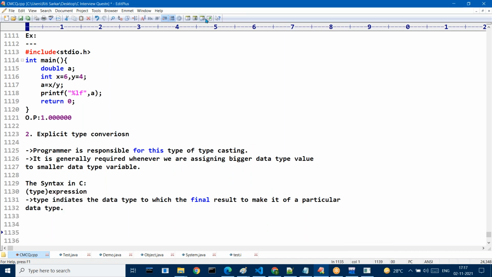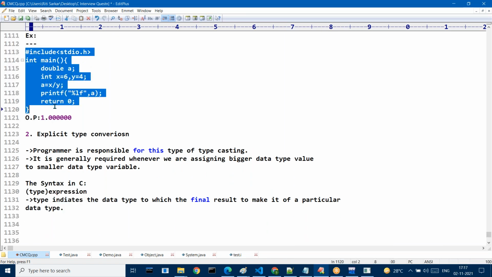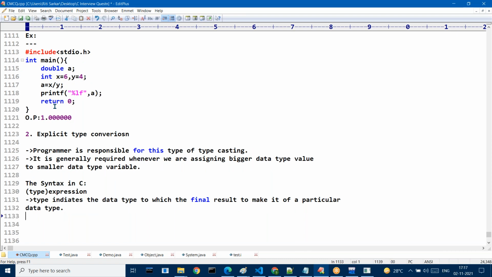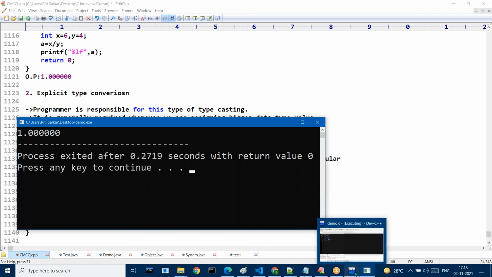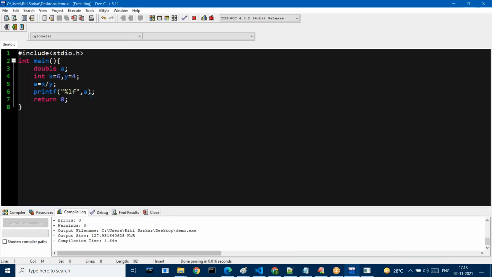Let me bring one example here. Suppose in this code, I'm not expecting that 1.600000. I'm expecting 1.5 as the answer.